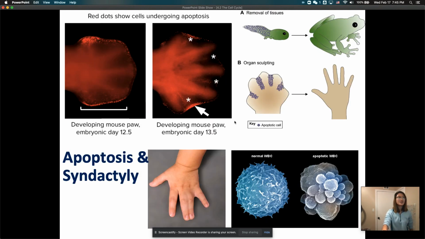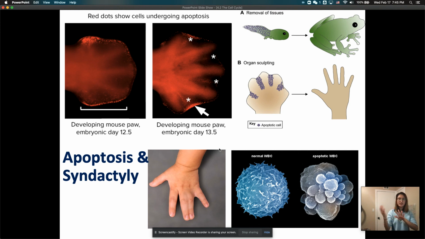Okay, so this is to show you in reality what this is used for, right? I said it could be a part of the program of an organism, but how does that work, right? So for example, before we are even tiny babies, our fingers are actually all connected. We're more like ducks. But then before we're born, the membranes in between the digits will disappear.